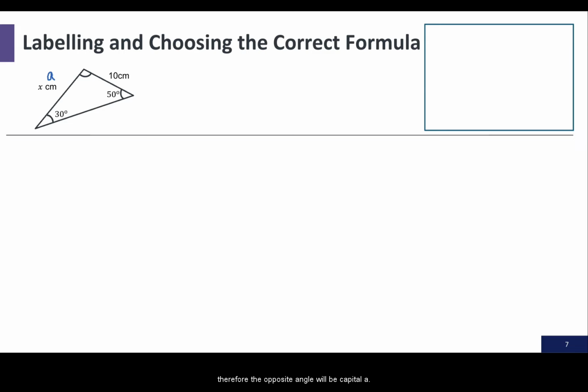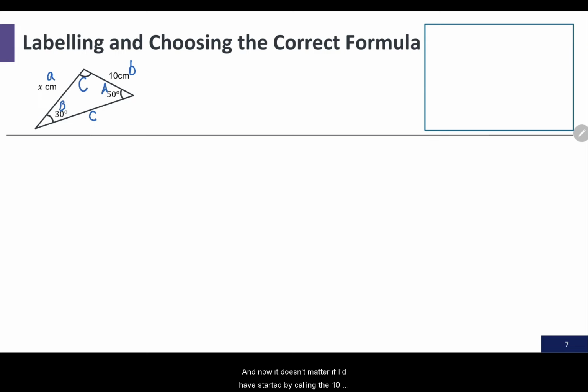Therefore, the opposite angle will be capital A. I shall call this side lowercase b and the opposite angle capital B. The final side is a lowercase c and the opposite angle is capital C.